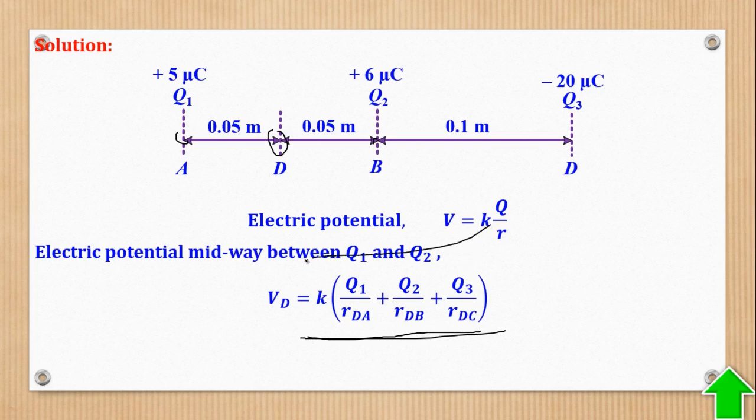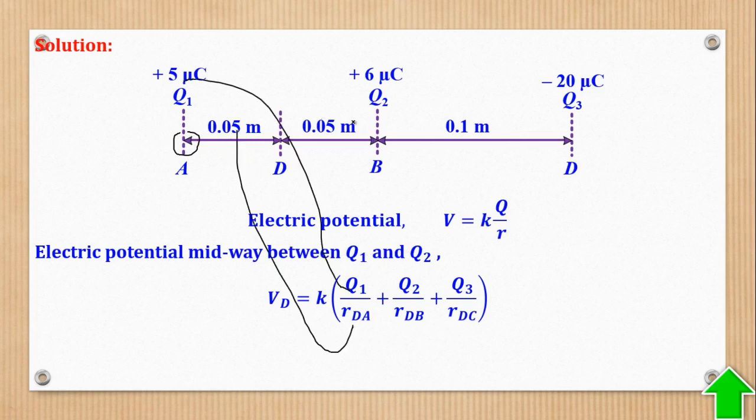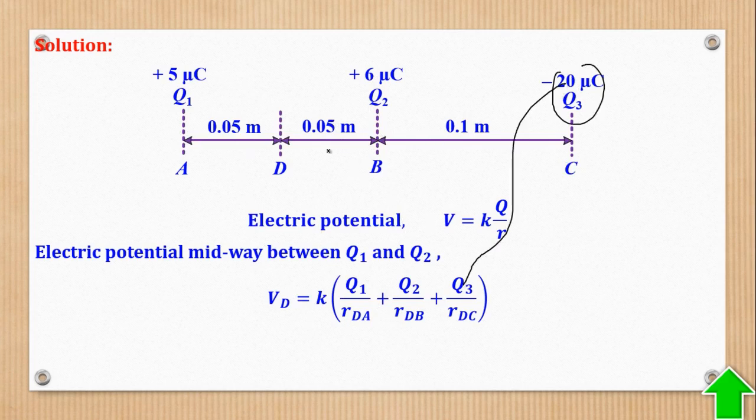So this is common to all. What is changing is this Q and R, and that's what we are putting inside. For example, due to this charge, we shall put this here, and the separation will be this, dA. And due to this charge, we shall put this here, and the separation will be dB. And due to this charge, we have put Q3 and also the distance from D to C, which is this. So after quoting the formula, next is to substitute.